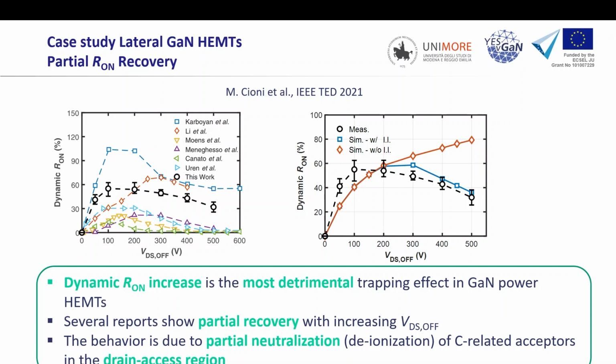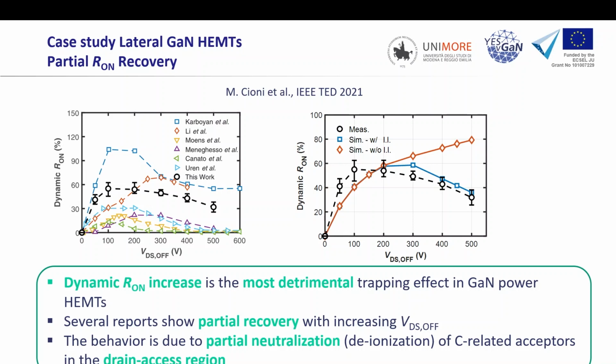So the bottom line here is that there is a generation mechanism occurring. In this case, we simulated impact ionization, using the same coefficients that we use for the breakdown simulations too. Again, some sort of consistency with other results. And we could see in the simulations that because of the generation of holes, there was a recombination with the traps in the buffer that were passivating.